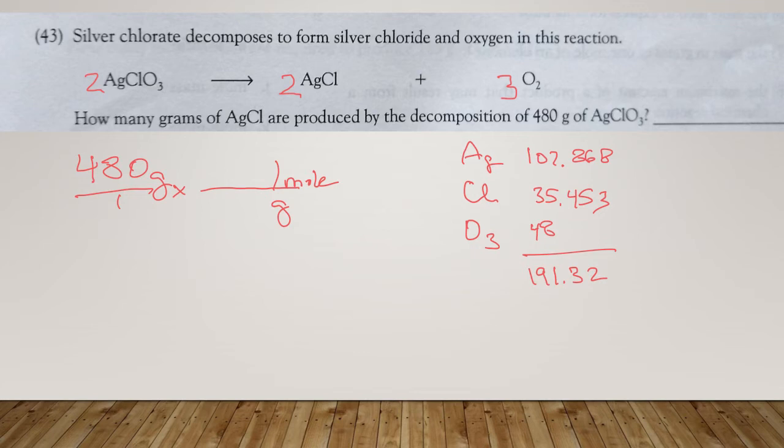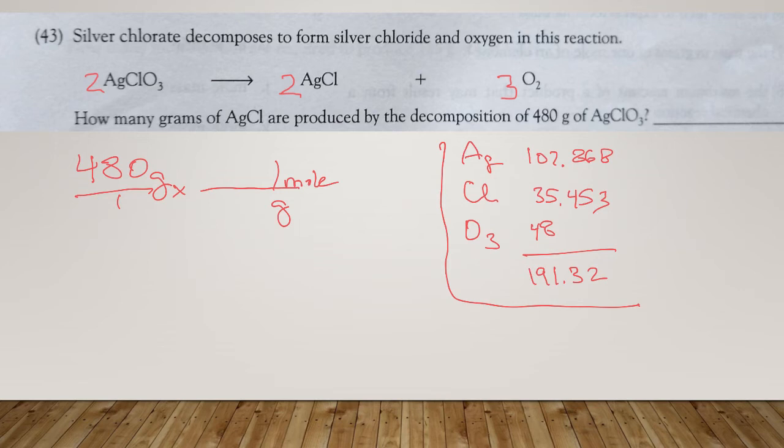So I have over here the silver, the chlorine, and the oxygen, and we are adding those up. I took the numbers right off the periodic table. Write these numbers down. For the oxygen, I just rounded it off to 48, 15.9994 times 3. Added up, 191.32.